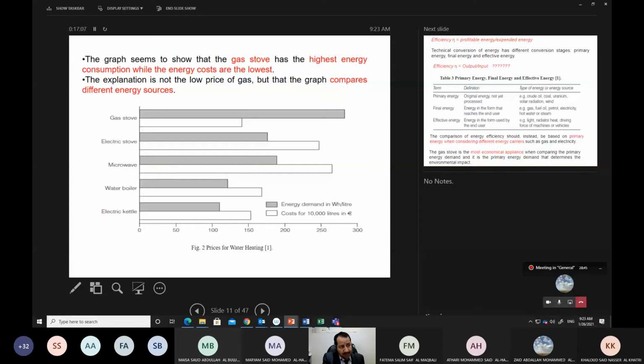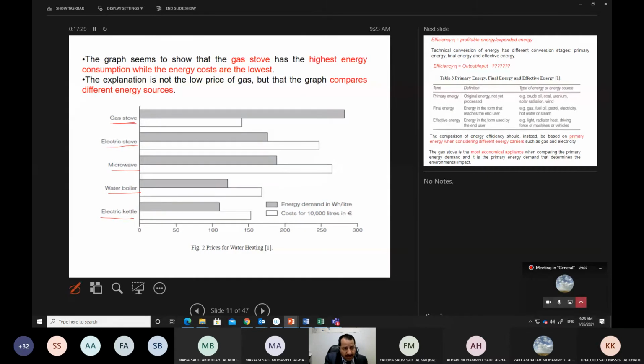Here is an example of different ways I heated this water: gas stove, electric stove, microwave, water boiler, electric kettle. Different ways to heat the water to get these 97 watt hour.